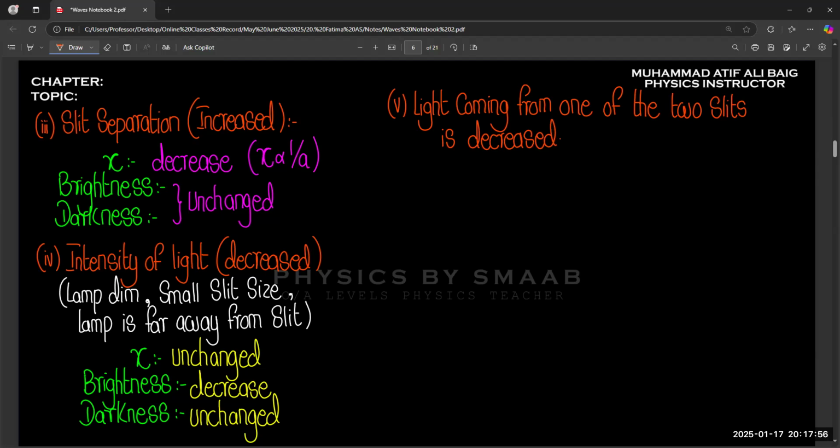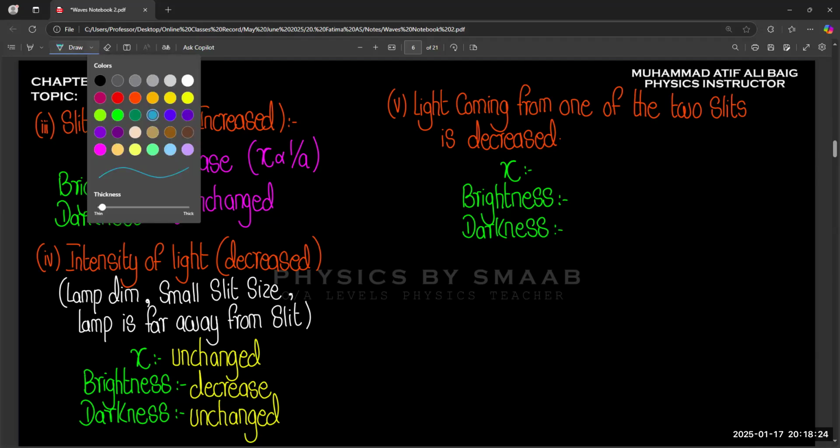Okay, so now light coming from one of the two slits is decreased. So when it is decreased, the same factors: x, brightness, darkness.